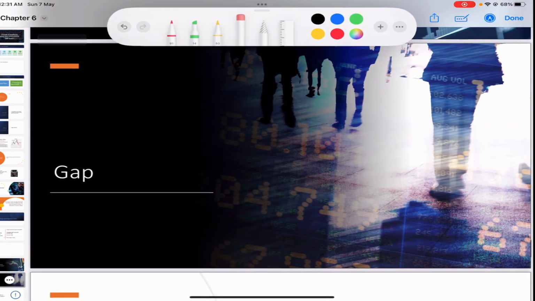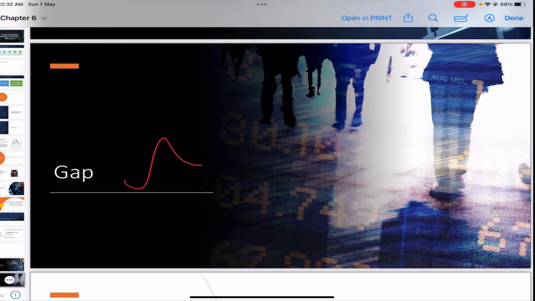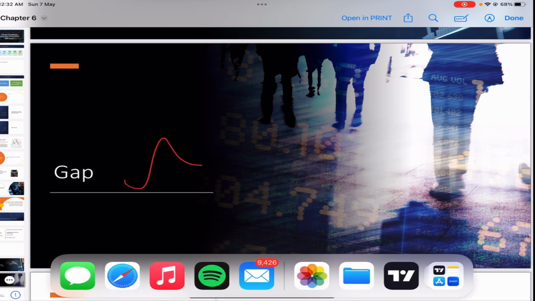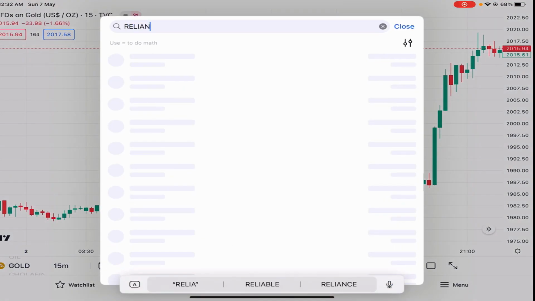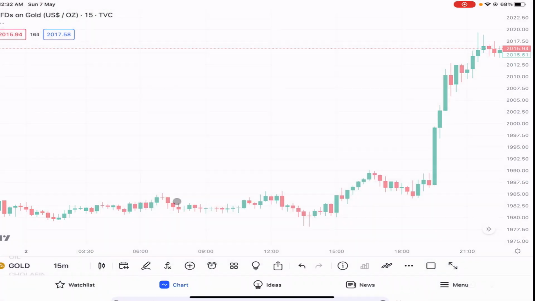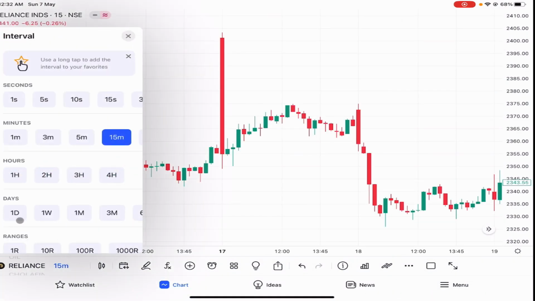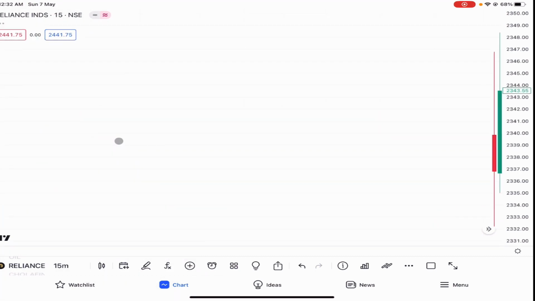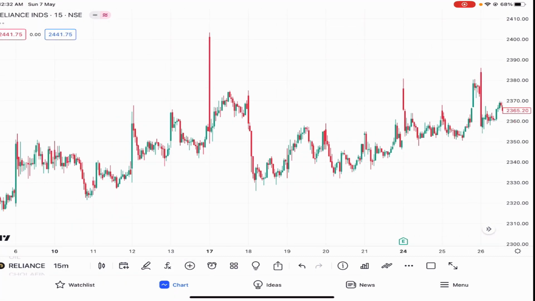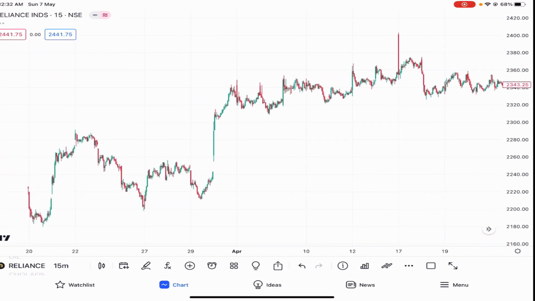This is my gap now. So there are various gap ups and gap downs which happen in your stocks. Whenever a gap up happens, you need to set your stop loss right before the gap. For example, if I go to my Reliance chart, let me just go to my 15-minute chart. Look at this.